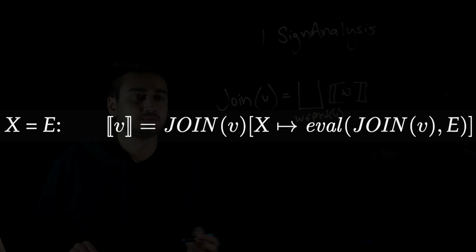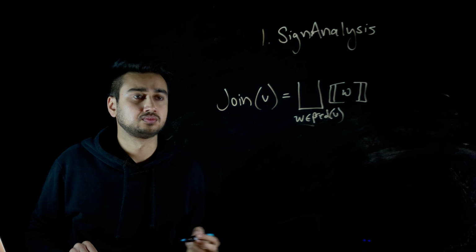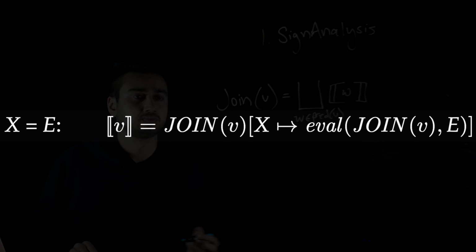The constraint variable of an assignment node v will be join of v, which means we'll go through each of the predecessors of this assignment and find their least upper bound. The least upper bound will be an element of a map lattice, so it's going to be some kind of mapping, and we're going to take that mapping and change out the value of x. And that makes sense because after this node, we just change the value of x to e.